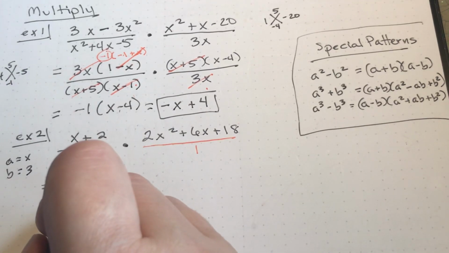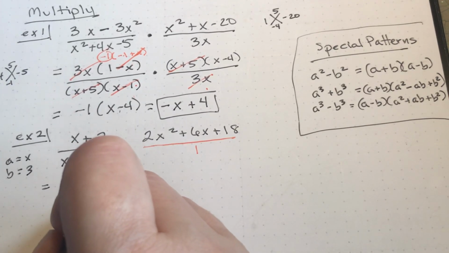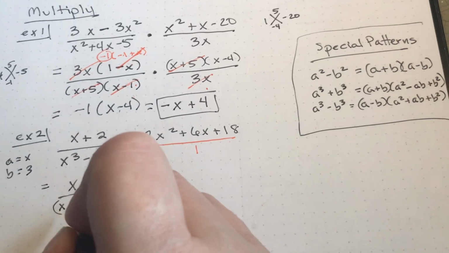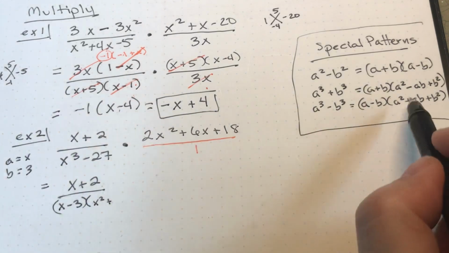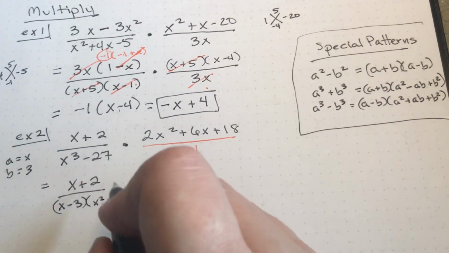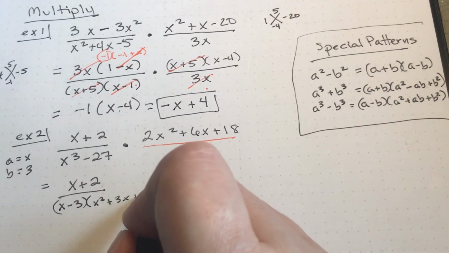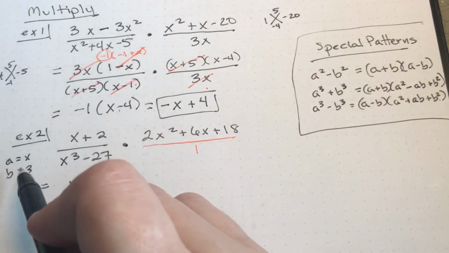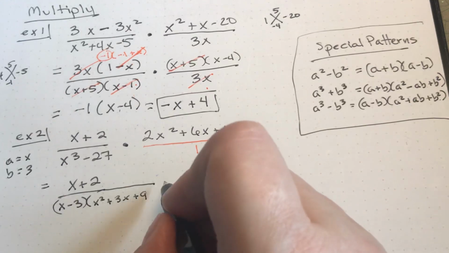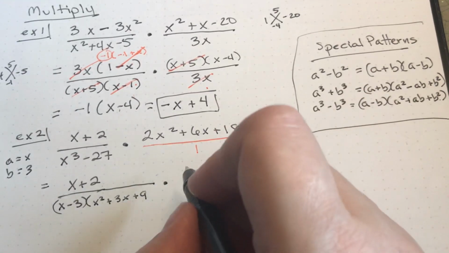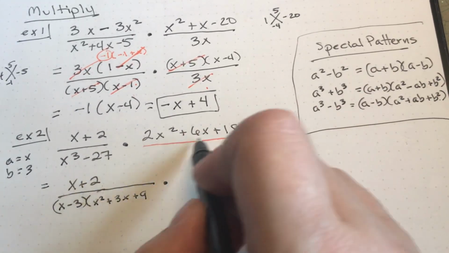So this is going to be x minus 3 times x squared plus a times b is 3 times x plus b squared, 3 squared is 9, times, and now here I'm going to factor.